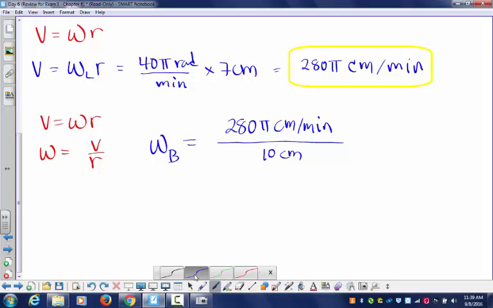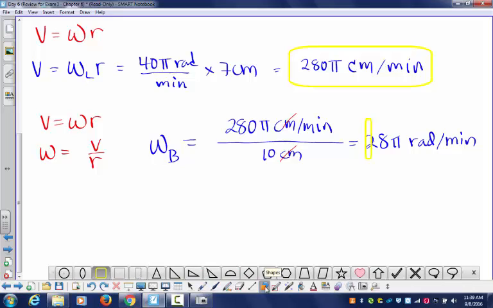So we divide and we get 28 pi. Here the units of cm are going to cancel. And so we would have 28 pi blank per minute. So here we put back in the unit of radians because it makes sense. Angular speed should be angle per unit of time. So there is our angular speed for the big gear.